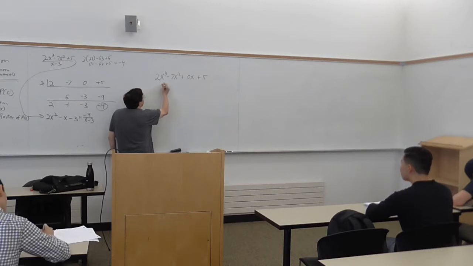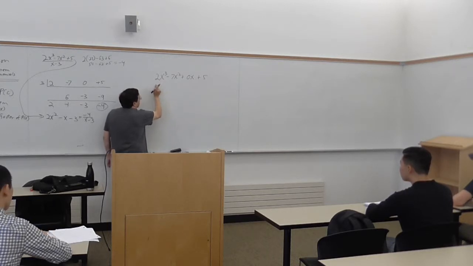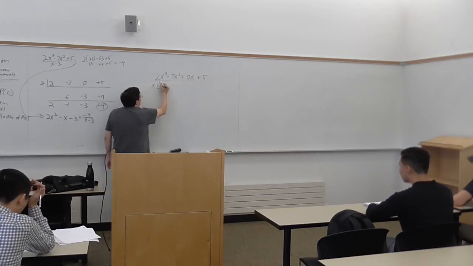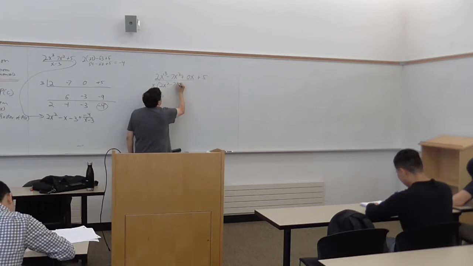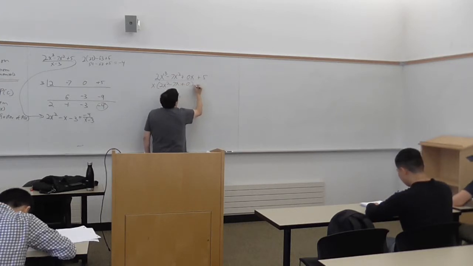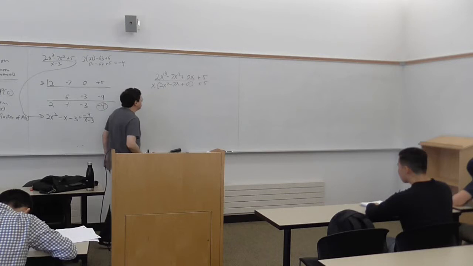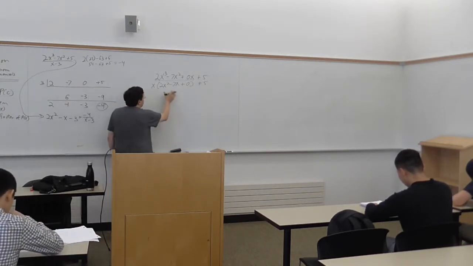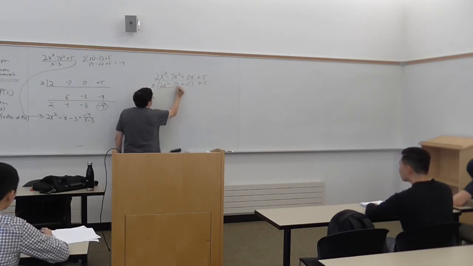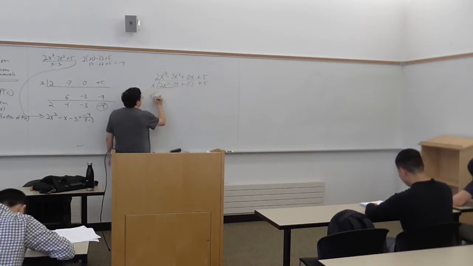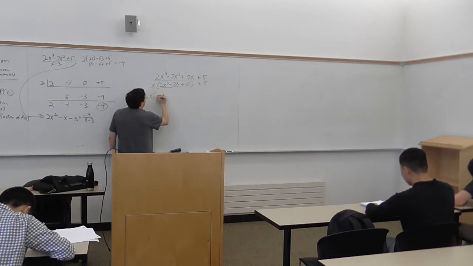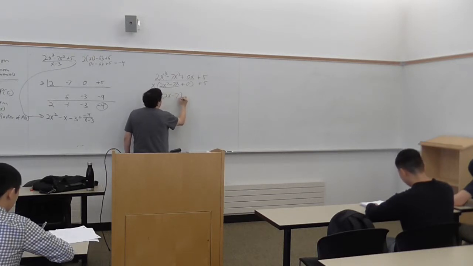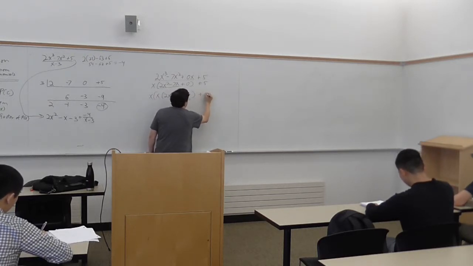First, I'm going to factor an x out, but I can only factor it out of these 3. 2x squared minus 7x plus 0 plus my 5. Then I'm going to do that again, taking out an x, but I can only take it out of these 2. So I get x times 2x minus 7 plus 0 plus 5.